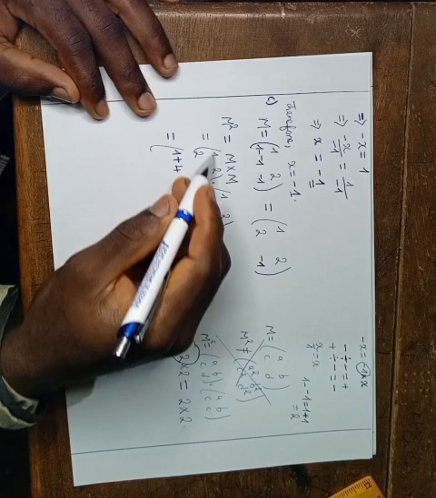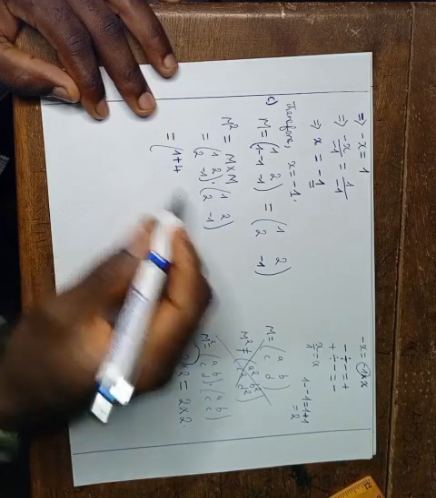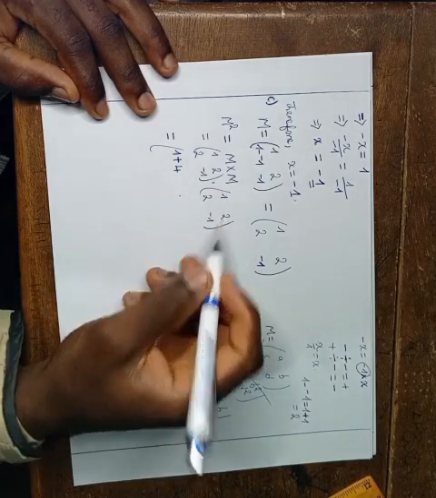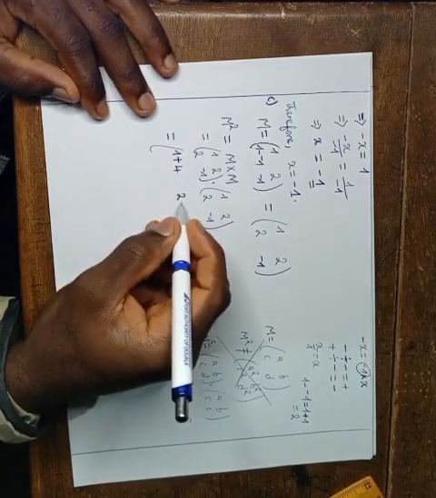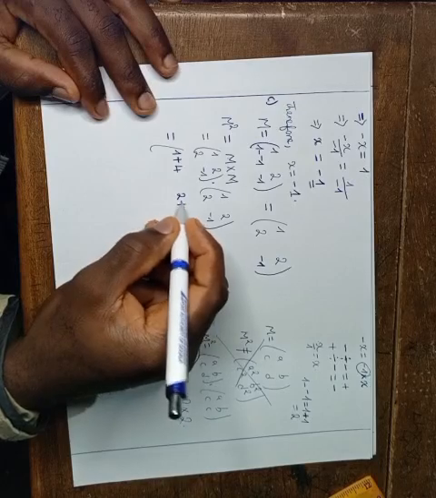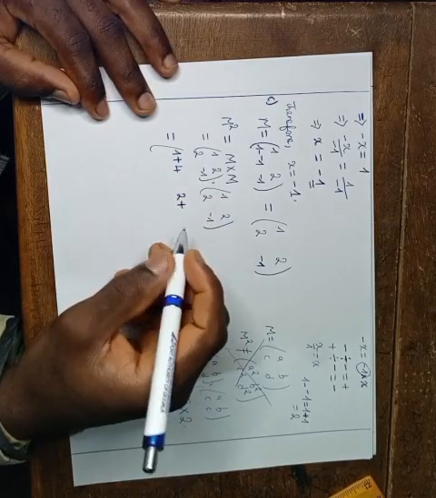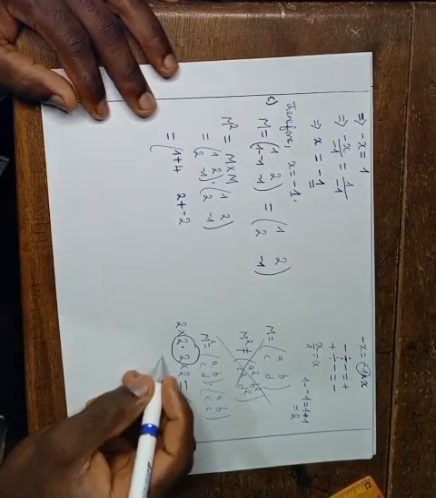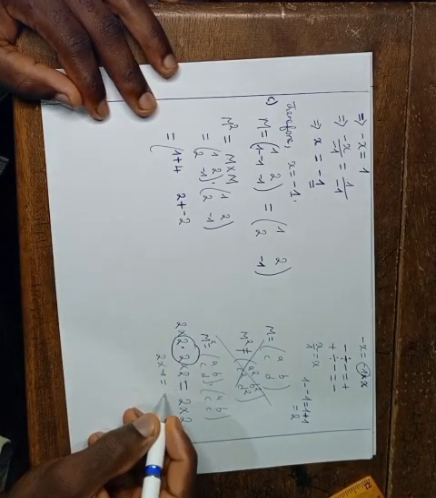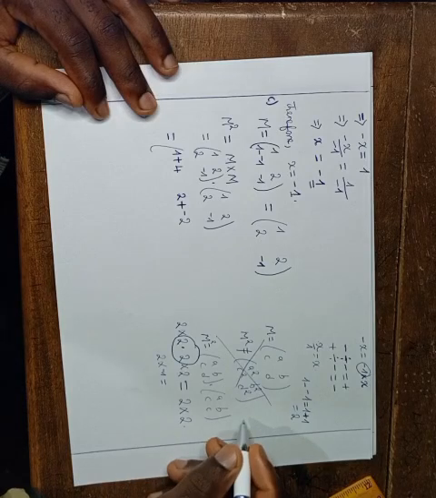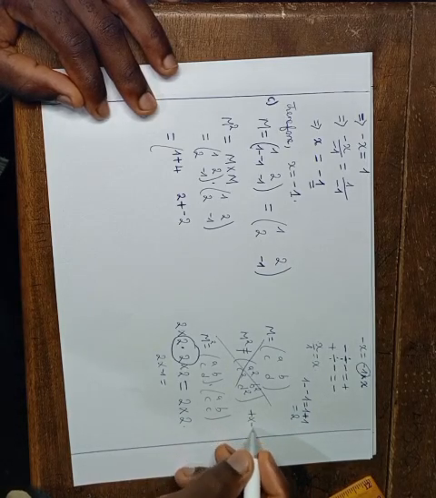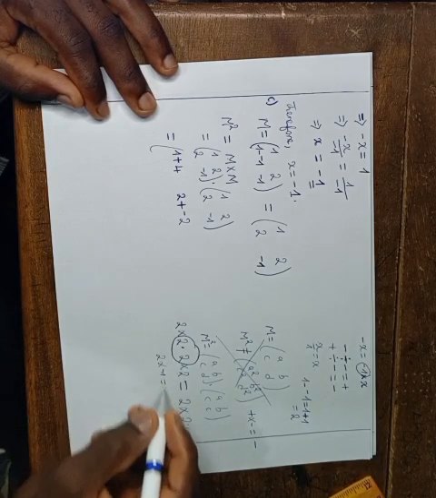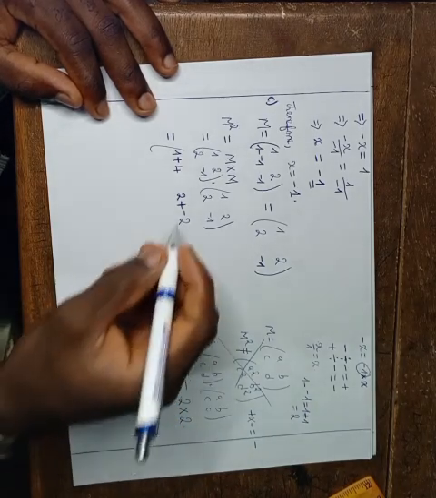We take the first row of the first matrix and multiply by the second column of the second matrix. 1 times 2 gives us 2, plus 2 times negative 1. When you multiply a positive number by a negative number, the resulting sign will be negative. So 2 times 1 is 2, and the answer will be negative 2.